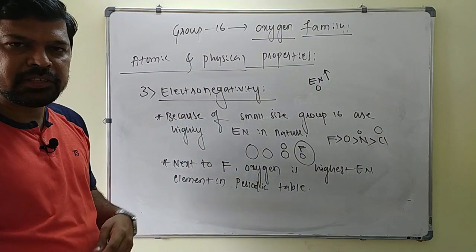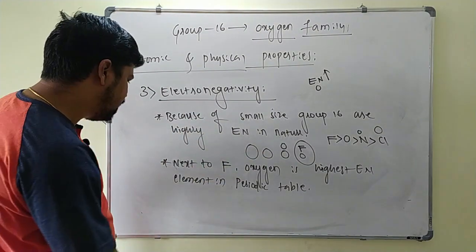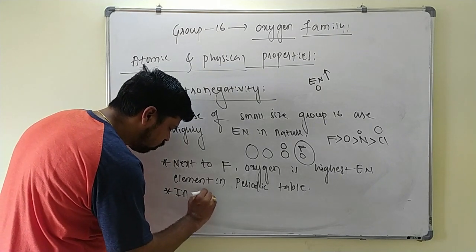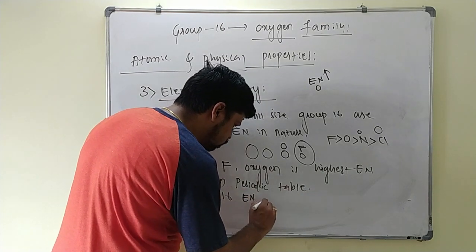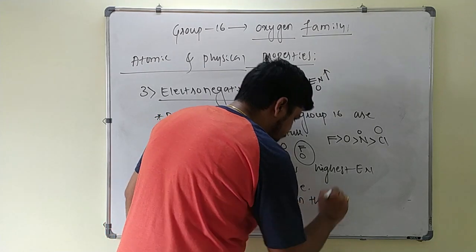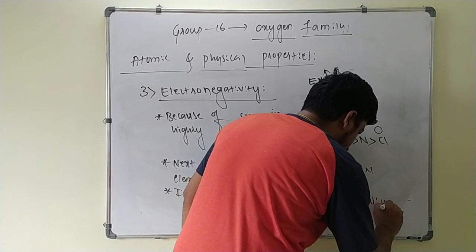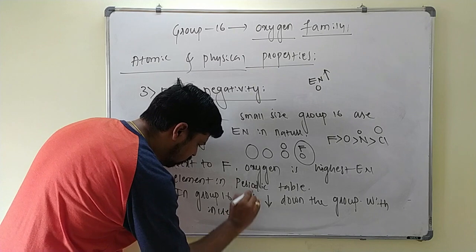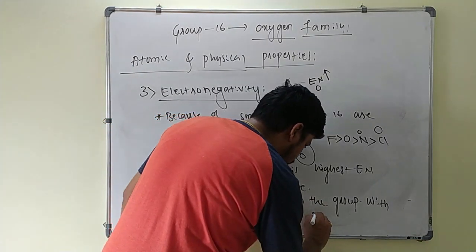Next, down the group, what happens? Electronegativity decreases with increase in atomic size. In group 16, electronegativity decreases down the group with increase in atomic size.